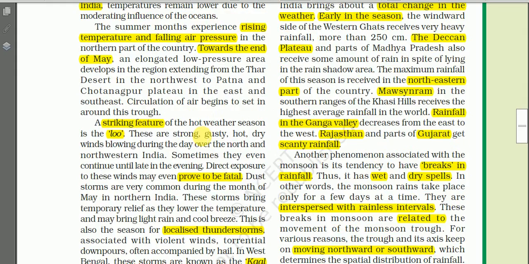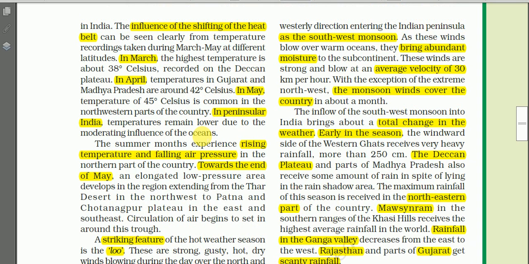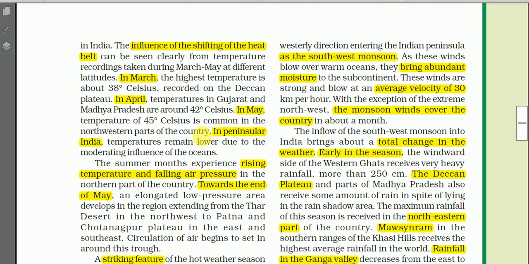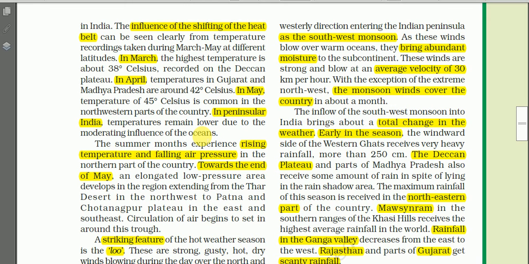You must know that in the month of March, temperature starts rising, and it keeps increasing day by day.